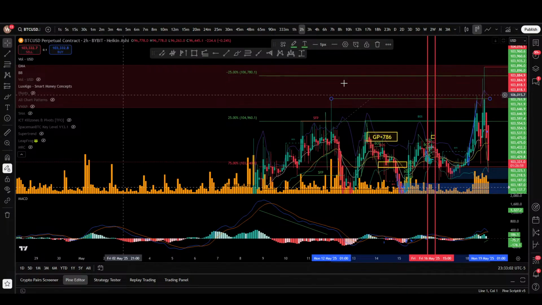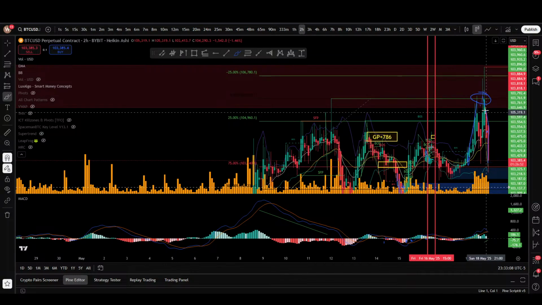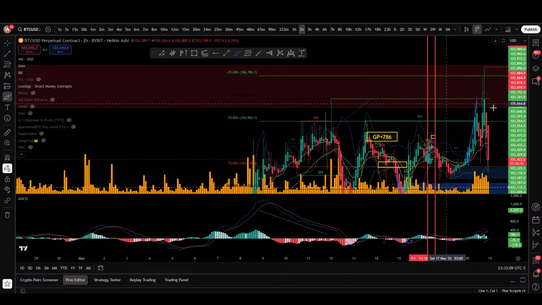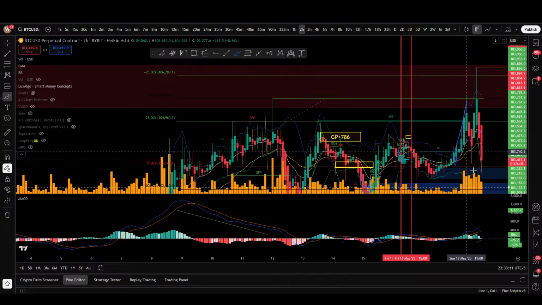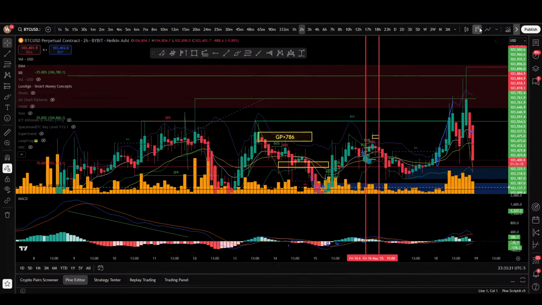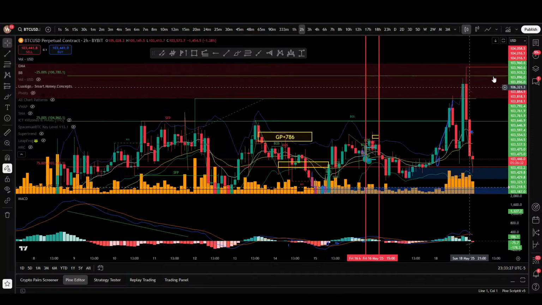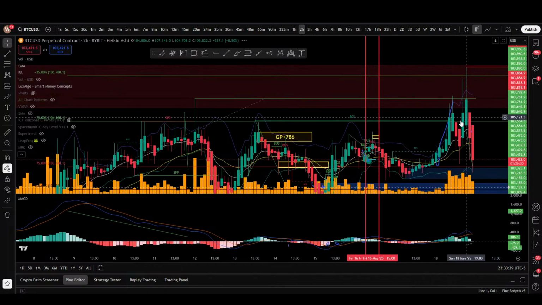Once we SFP this here, we target those previous lows, which we just swept. Since there were 2 candles here, this is a valid low. So when we SFP the high, we look to target the previous low. That's an example of how you'll be able to see through manipulation, because even though they pushed the price at the end of this 2 hour candle and got it to close above, the average price is way down here.